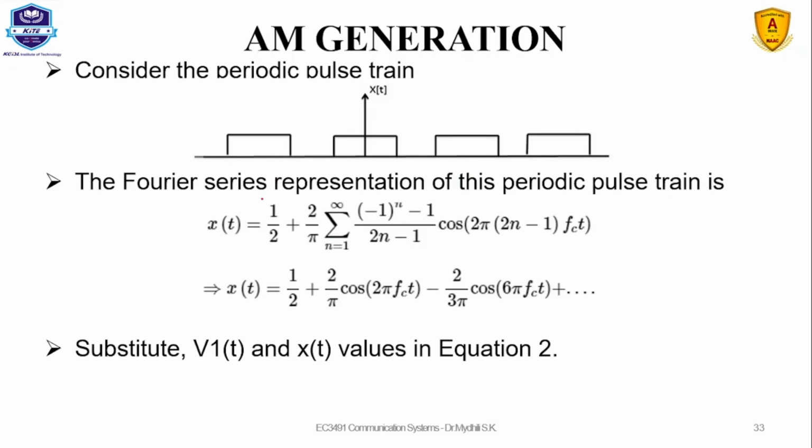We know the Fourier series representation of this periodic pulse train; just consider only the output. The representation of a pulse train is 1/2 + (2/pi) cos(omega_c t) - (2/3pi) cos(3 omega_c t), etc.